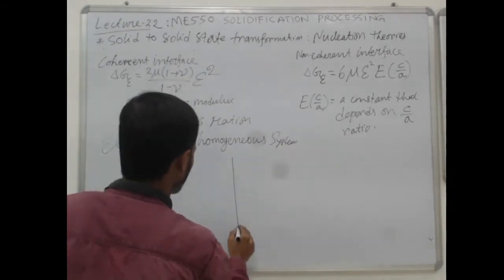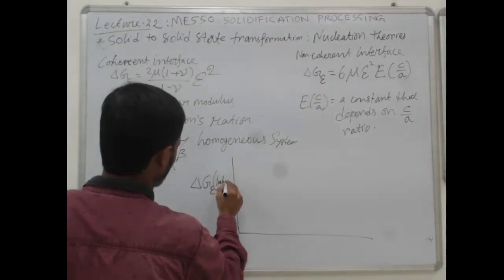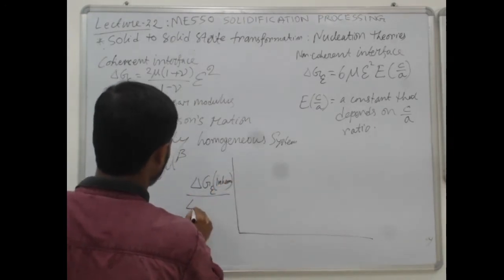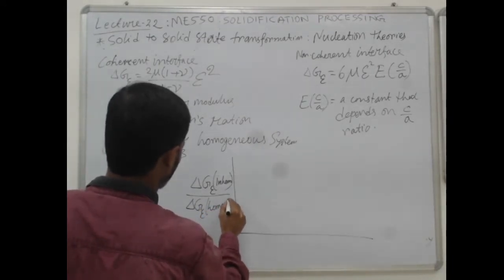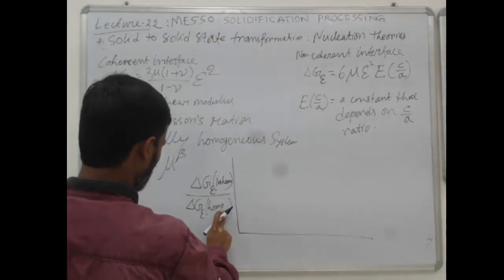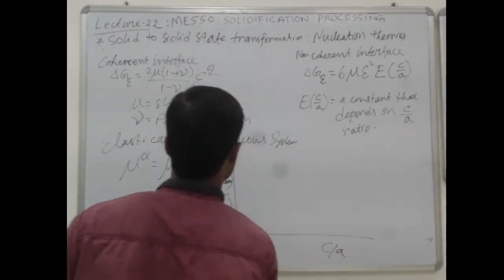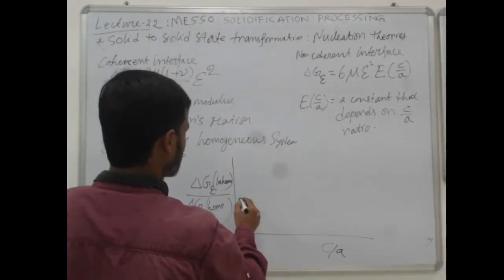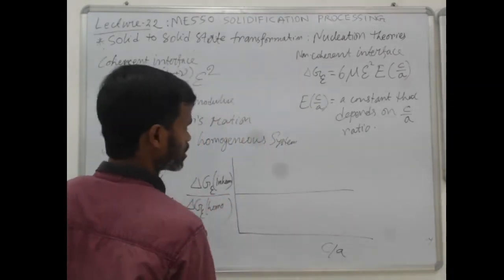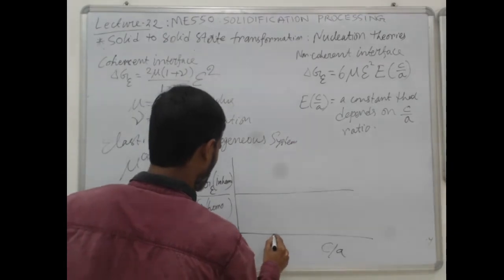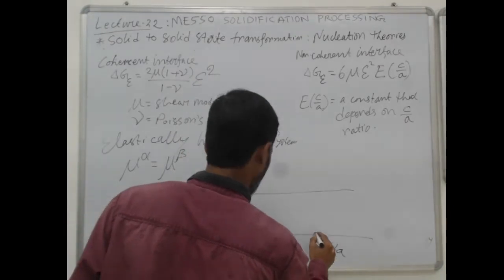So if we plot delta G inhomogeneous by delta G homogeneous versus C by A ratio, homogeneous means it will be identical irrespective of different shapes from 0 to say 1, 2, 3.